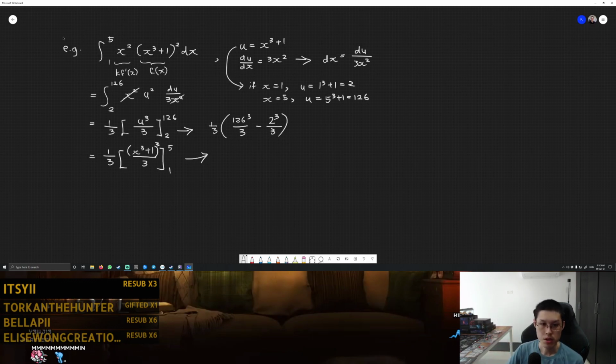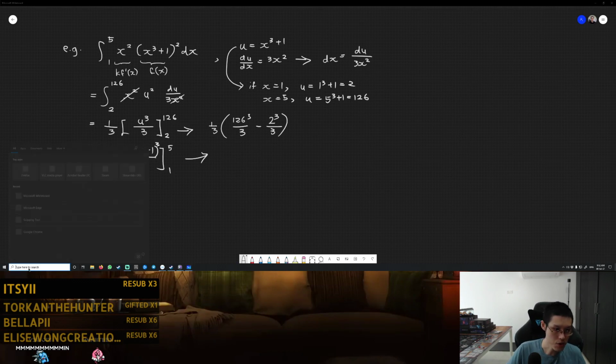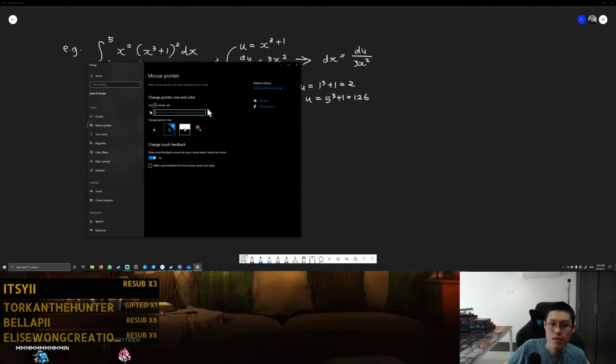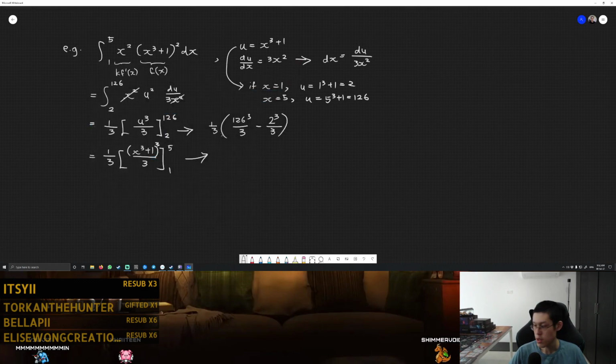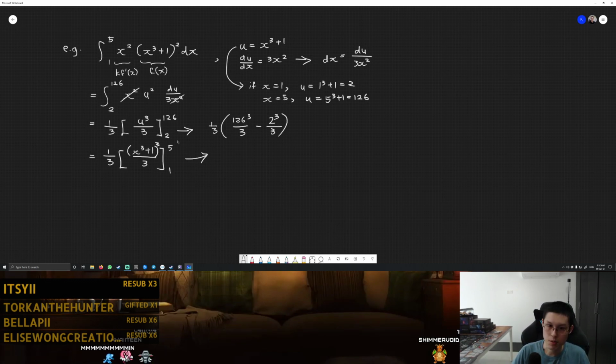If you get 14, that means you forgot to cube it over here. I also forgot to do that earlier. Yeah, you should cube this guy. Yep, anyway, so there you go. Before you evaluate the integral, make sure you're using the correct limits.